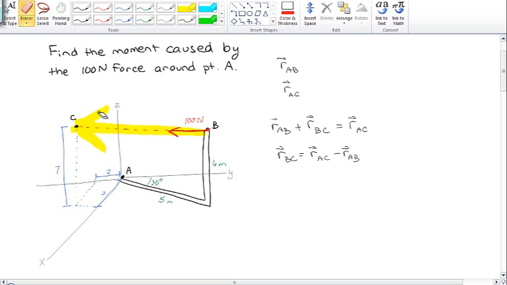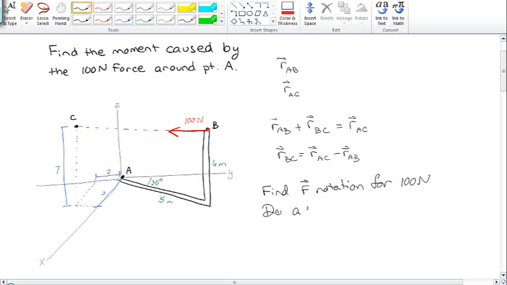So we have a basic plan: find a force notation for the 100, then do a cross product, and then get an answer.